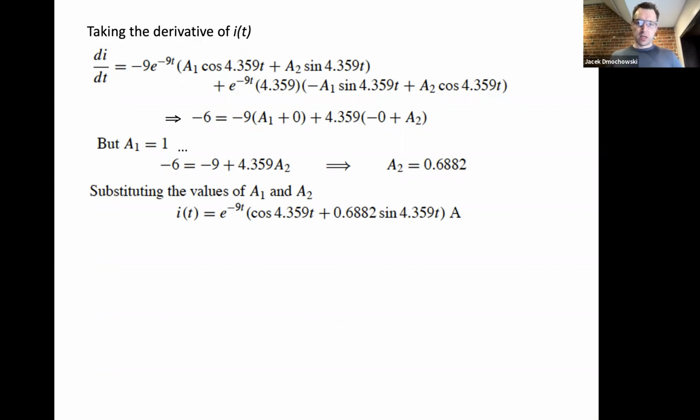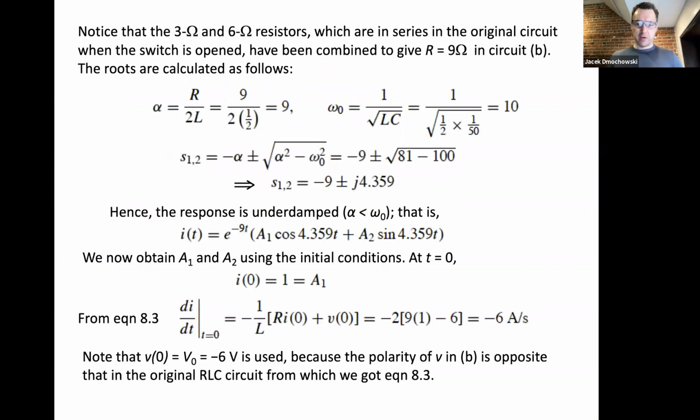I'm going to do a couple of these step by step with my trackpad. If anyone's unclear as to what we did to get the coefficients, the first step is to evaluate this function at time equals 0. Then the cos becomes a 1 and the sine drops out, and you get that A1 is equal to I of 0.